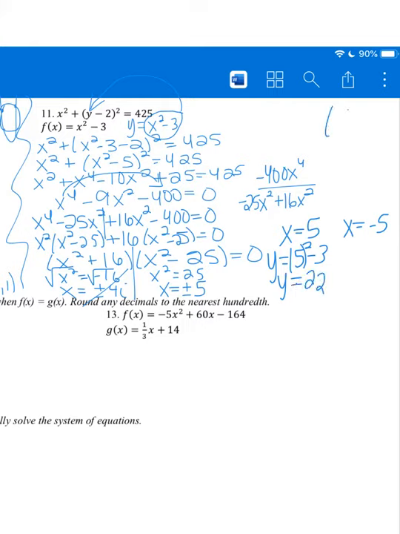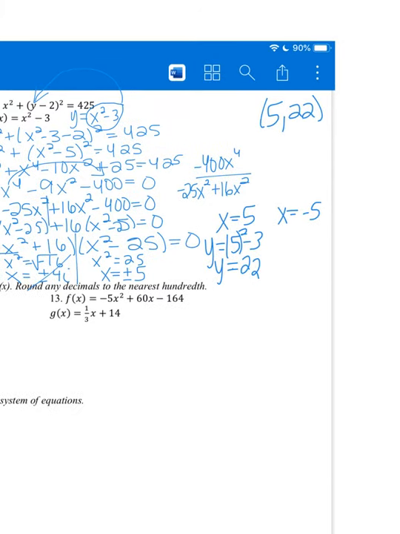So I have 1 point is 5, comma 22. The other point is going to be the same thing, because when you square negative 5, you get the same thing. So y equals x squared minus 3 also gives me 22. So two answers to this question. You have 5, 22 and negative 5, 22.